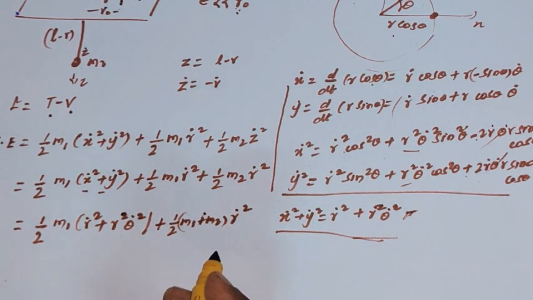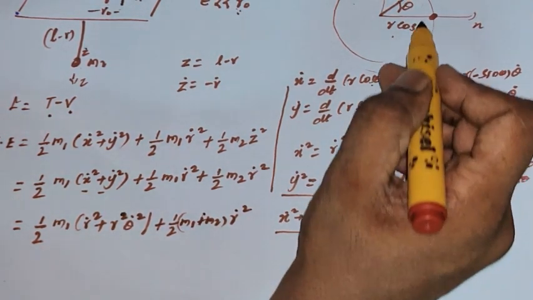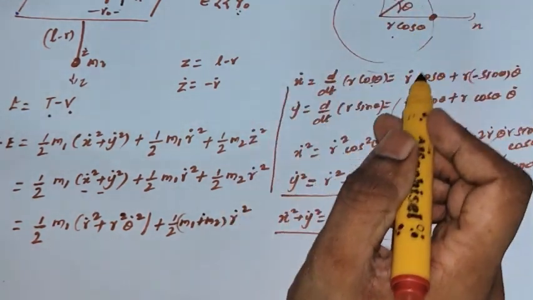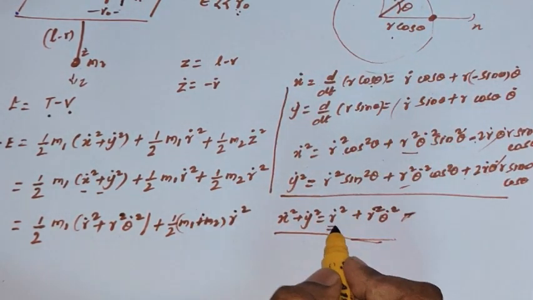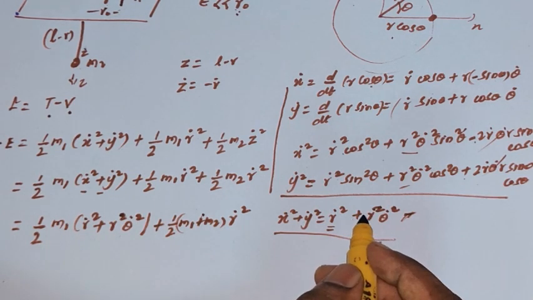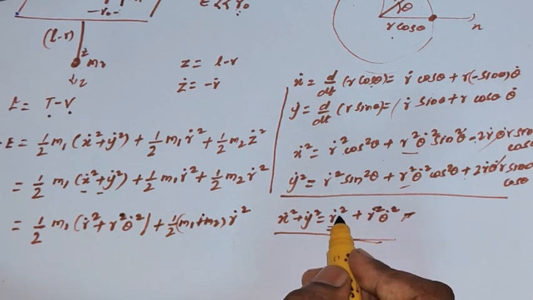For the circular motion, suppose it is moving in a circle, we are considering circular motion, that means the radius is constant. So this r dot goes to 0.